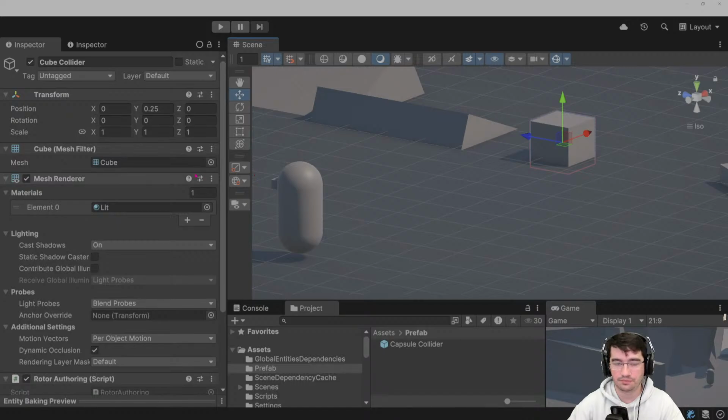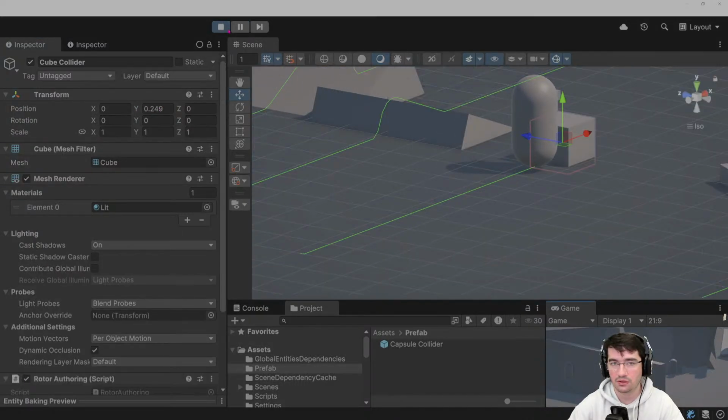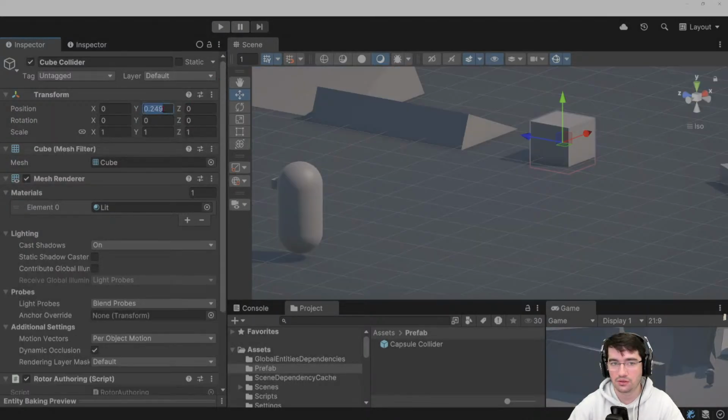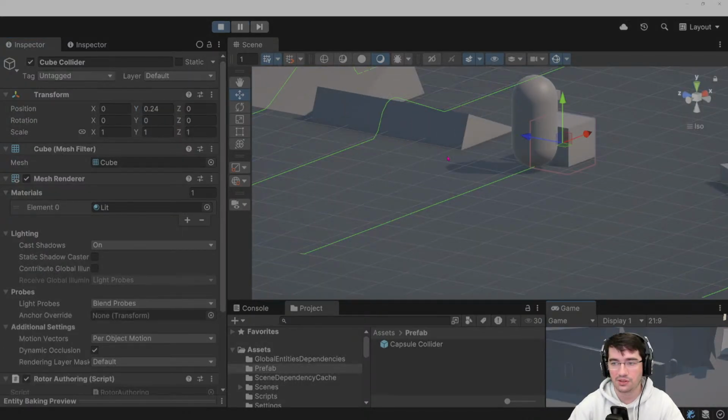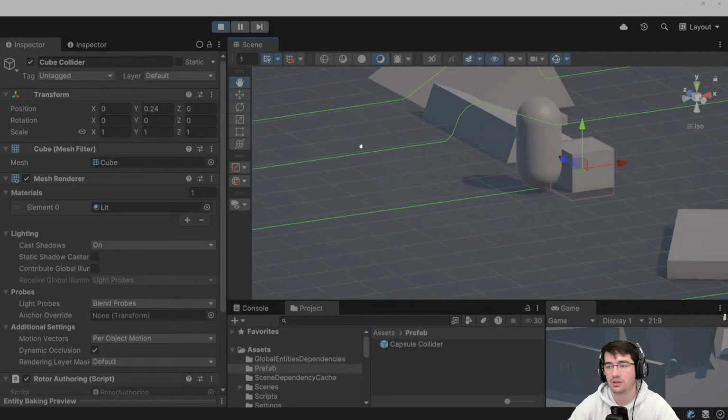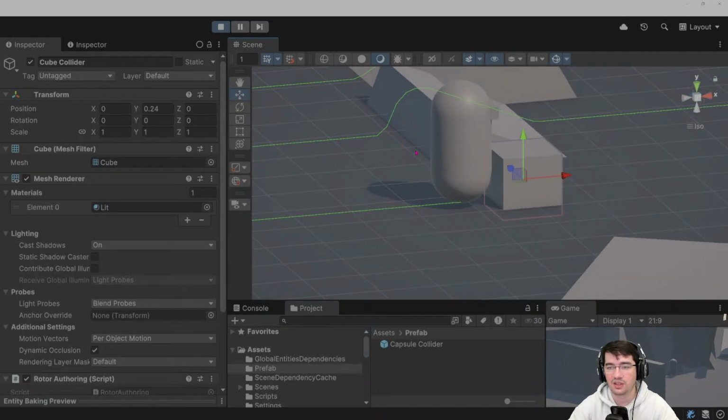That's good. And if I do 0.249, still can't. 0.24, still can't. So why can I not step over this one?